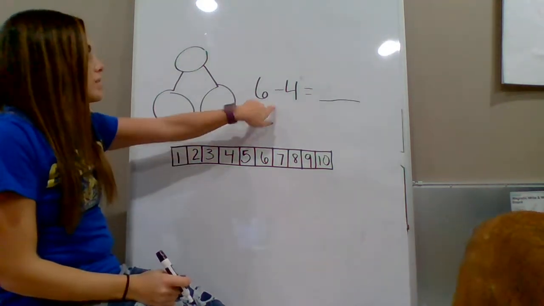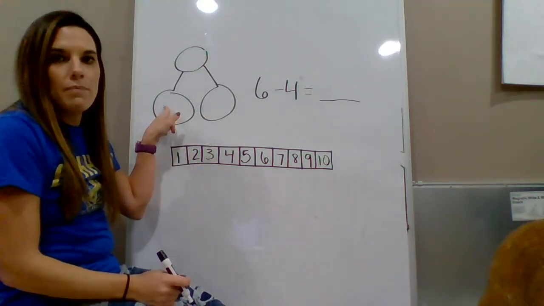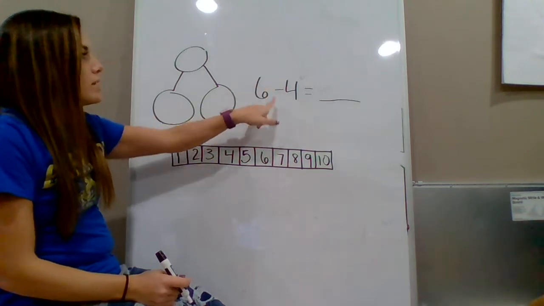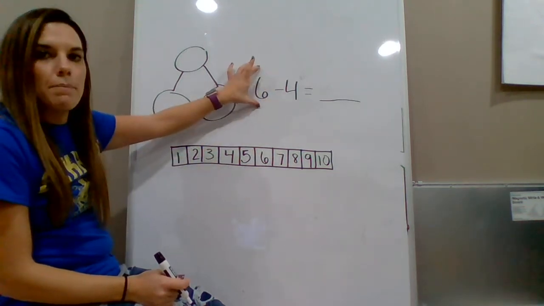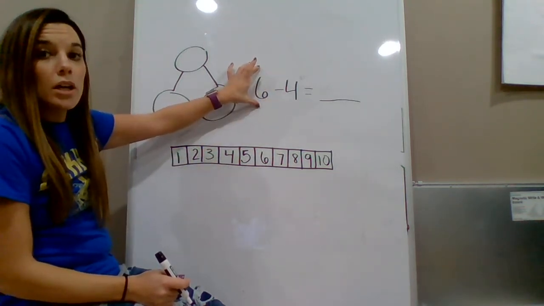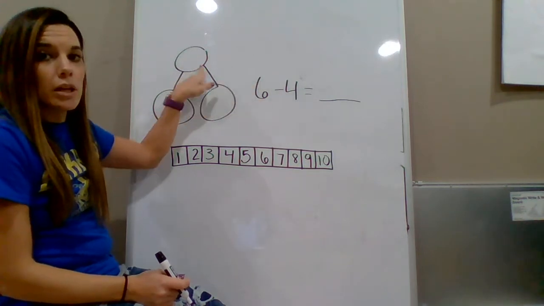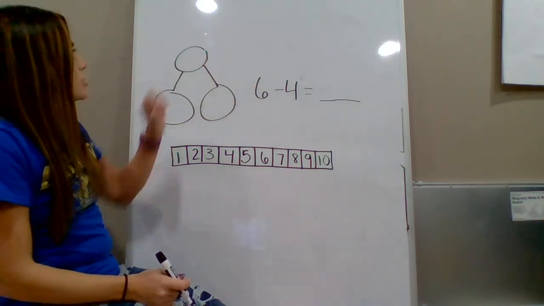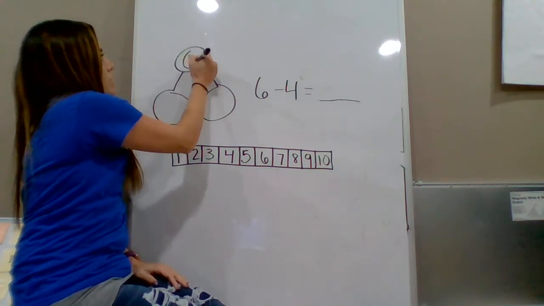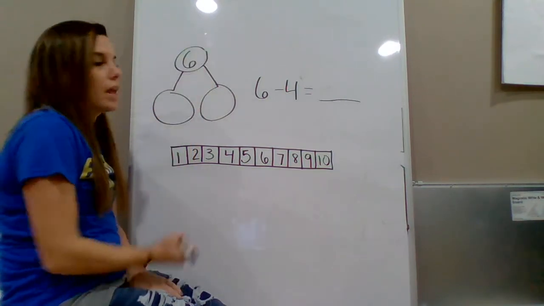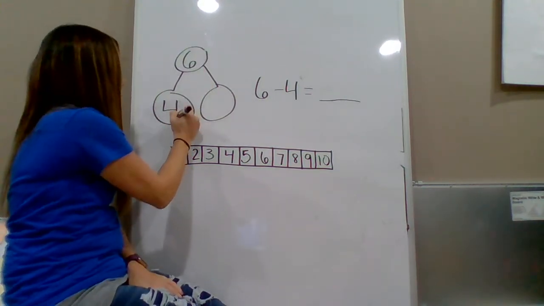Now, I'm going to put these numbers into my number bond to help me. Remember, with subtraction, we have to start with the biggest number. Remember, on our number bond, the biggest number goes in the top circle, right? So my number 6 is going to go here. And then I'm going to have the number 4.